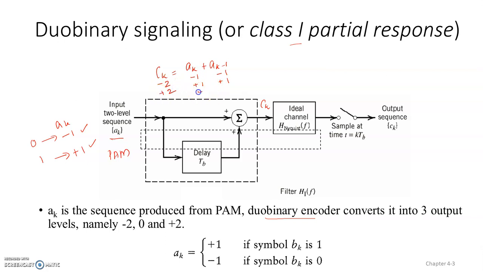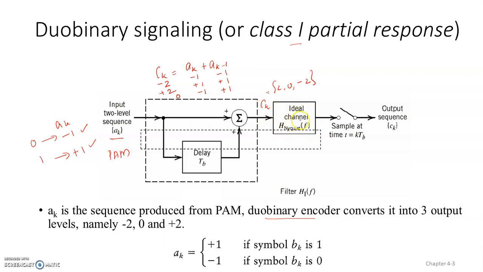If A_k takes the value -1 and A_{k-1} takes the value +1, or the reverse, it will take the value 0. So C_k will take a value from the set 2, 0 or -2. This is the output from the duobinary encoder, which is given to the ideal Nyquist channel.